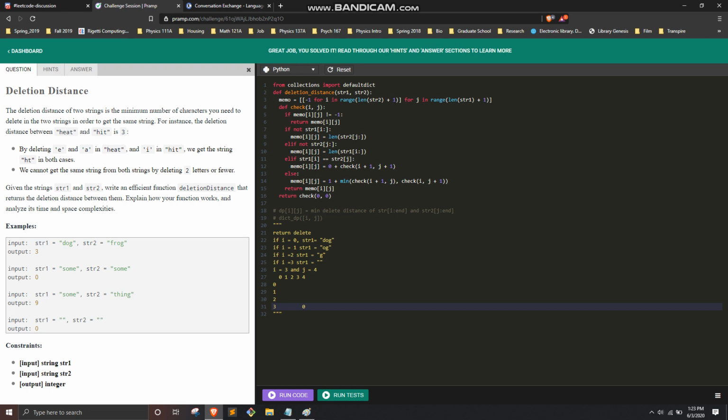Then, if we just go through here, I think these are increments up by 1 each. So here you have to add 1, because this means that dog is an empty string, but j is not an empty string. And then here you would have 2. There you go. I went too much.